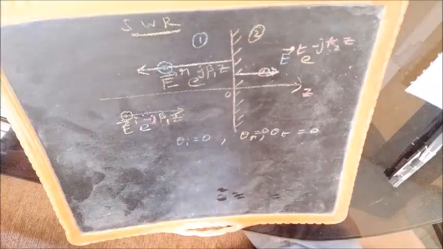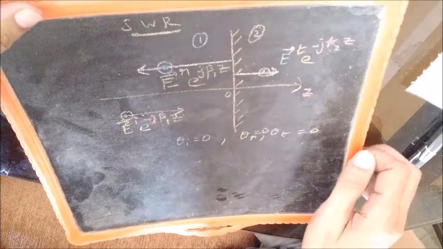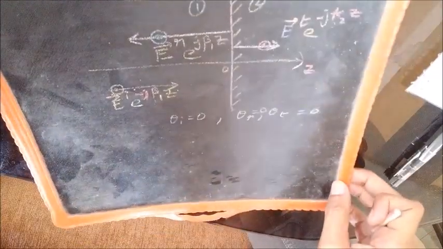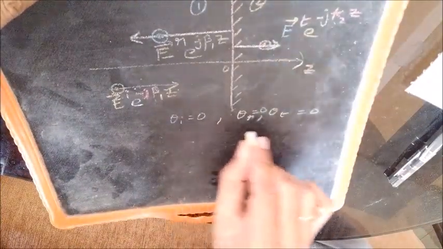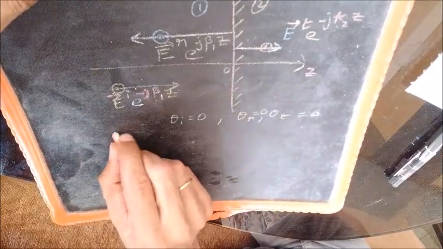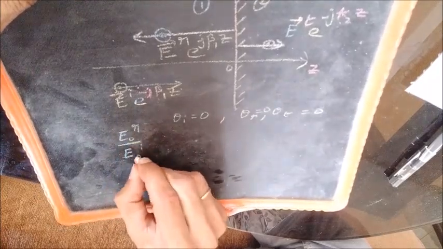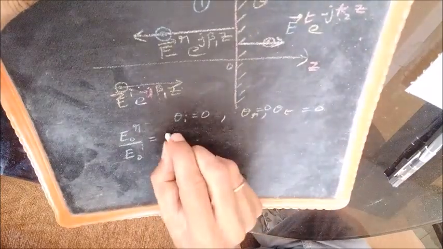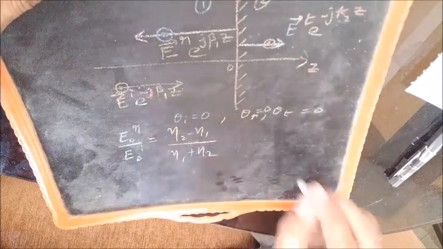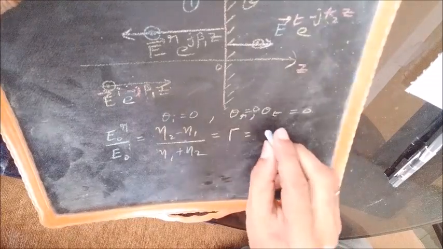So if we take the case of perpendicular polarization, the reflection of plane waves which we discussed earlier, and set these terms to 0, we can observe that the reflection coefficient will be equal to eta 2 minus eta 1 divided by eta 1 plus eta 2, which is capital gamma.